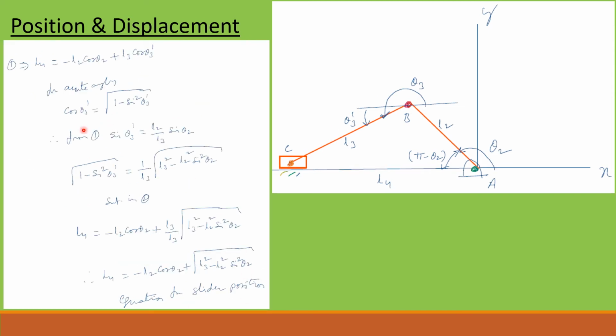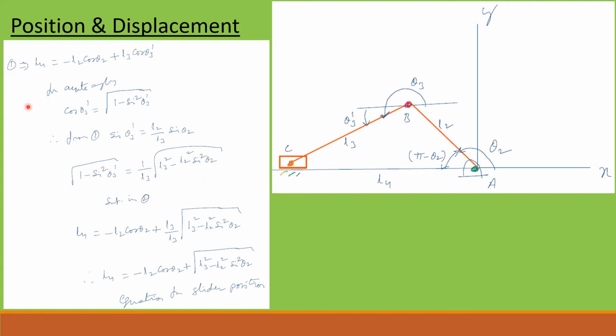We know that for acute angles, cos theta 3 prime can be written as square root of 1 minus sine square theta 3 prime. From equation 2, we know that sine theta 3 prime equal to L2 by L3 sine theta 2. So the square root of 1 minus sine square theta 3 prime equals 1 by L3 times the square root of L3 square minus L2 square sine square theta 2.